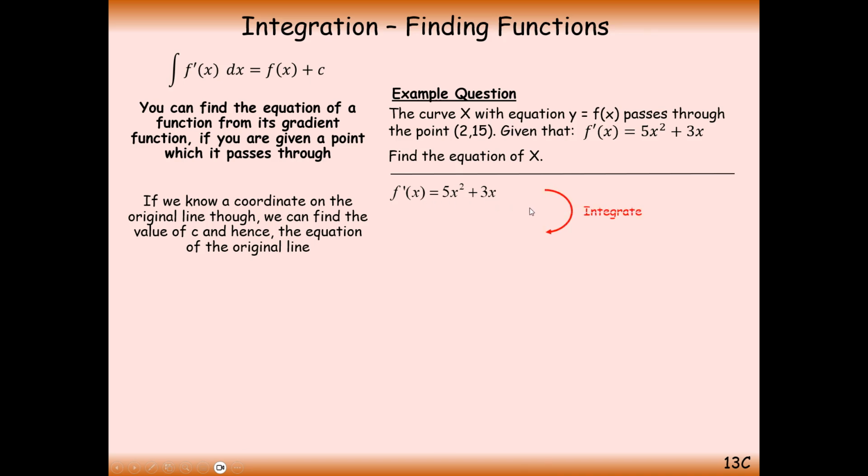So x squared became x cubed and so on, and we put the plus c at the end. Then we substitute that 2 for x, and instead of f of x, we take that 15, because f of x stands for y. So we say 15 equals this with a c.